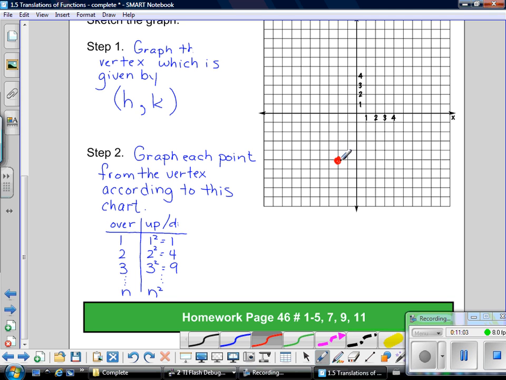So I'm going to go from the vertex over 1, up 1, back to the vertex, over 2, up 2 squared, over 3, up 9. I'm at 5, so 6, 7, 8, 9. There's quite a few points there, and to get the other ones, I just do the other side the same way.